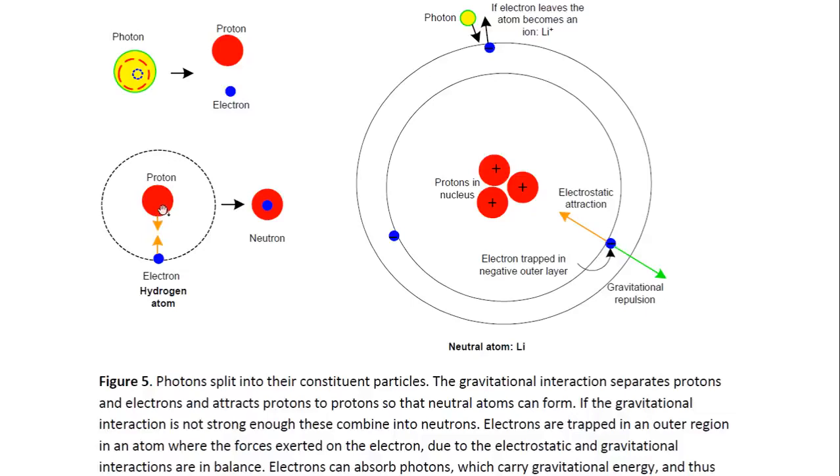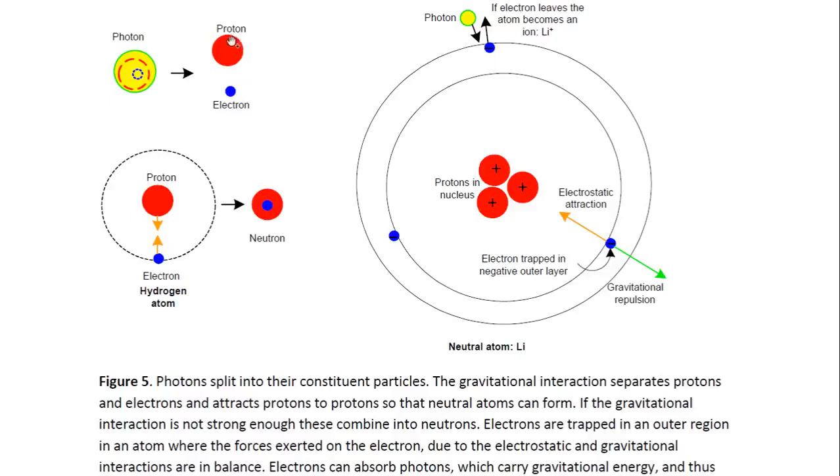But if the gravitational repelling force that these two particles experience as a result of the gravitational interaction drops, then the electrostatic interaction will take over. It will overwhelm the gravitational force, and the two particles will be drawn to each other, and the atom will basically collapse, and what we will get instead is a neutron, which is a neutral particle.